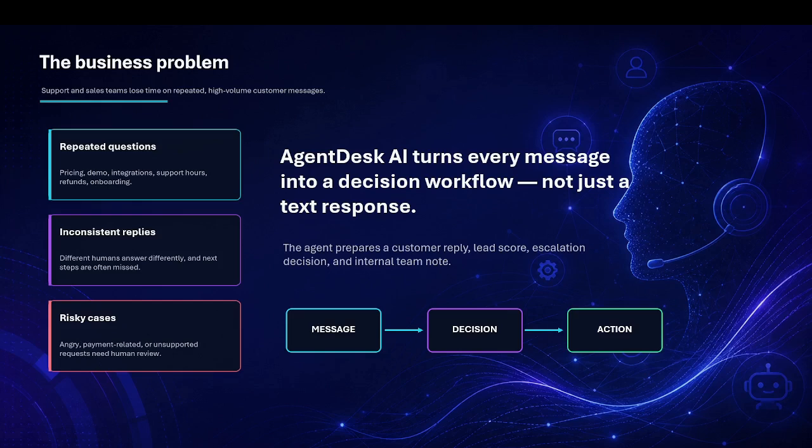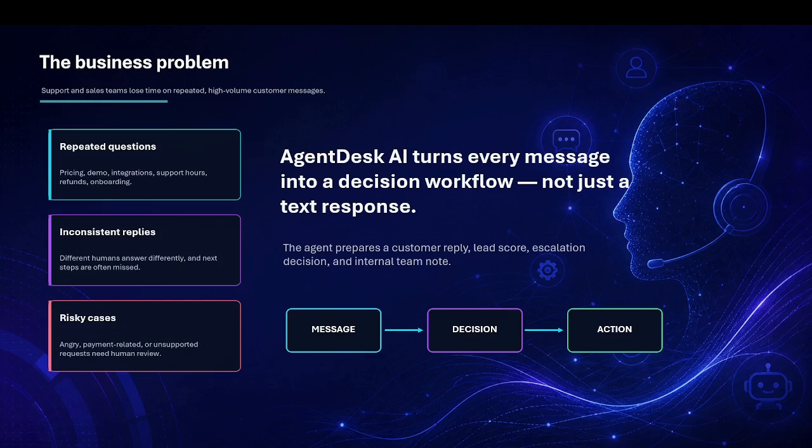Before we write code, I want you to understand the business problem. Every business receives repeated messages. Some people ask about pricing, some ask for a demo, some ask whether the product integrates with WhatsApp, email, or a website. Some customers are angry because their account is not activated. Some messages are sales opportunities and some messages are support risks.